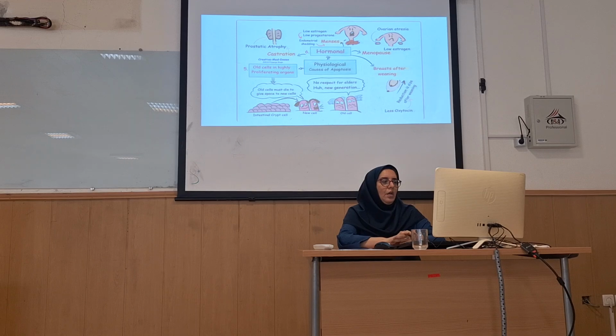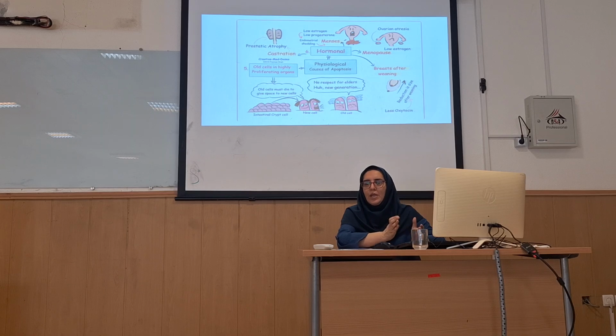Also, other examples of physiologic apoptosis are hormonal. Menses is apoptosis after a decrease in estrogen and progesterone in the female. We have release of endometrial tissue and menses occurs. Also menopause is physiologic apoptosis. Also prostatic atrophy is physiologic apoptosis.